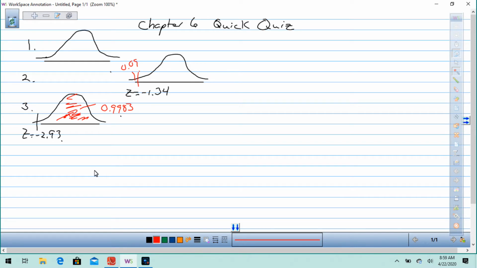Number 4. For a randomly selected subject, find the probability of a score between negative 0.87 and 1.78. So I'll just put number 4 right here.